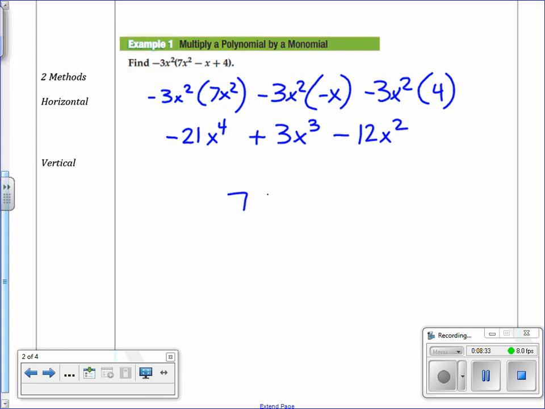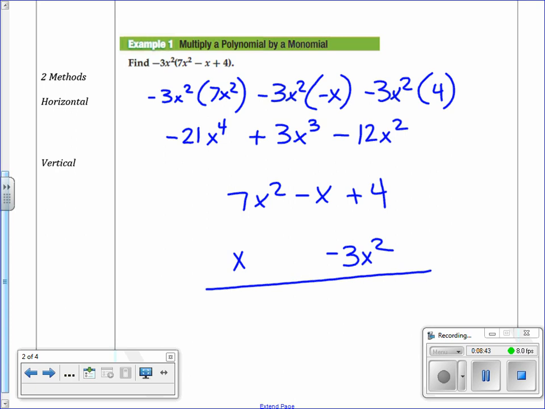I have 7x squared minus x plus 4, and I'm going to multiply it by negative 3x squared. So negative 3 times 7 is negative 21. X squared times x squared is x to the fourth. Negative 3 times negative 1 would be positive 3x to the third.